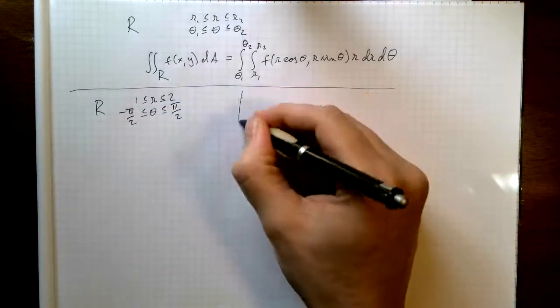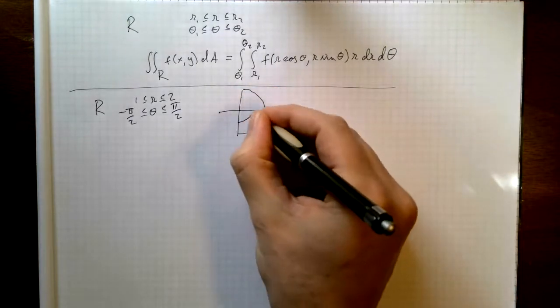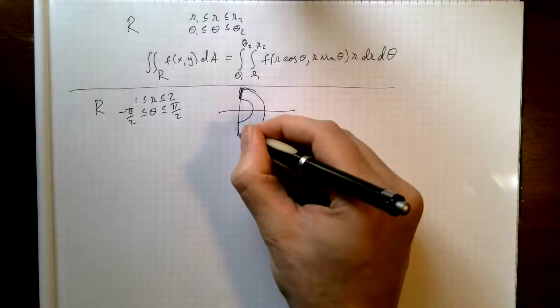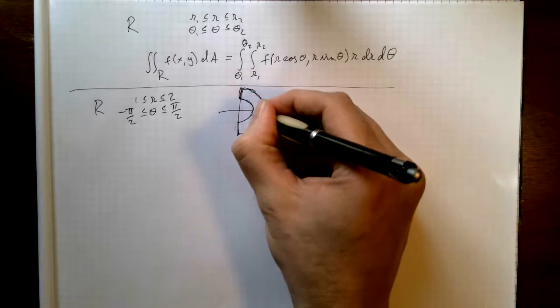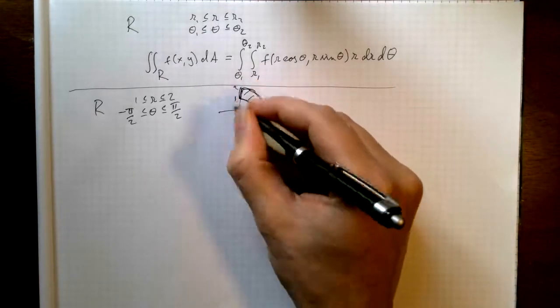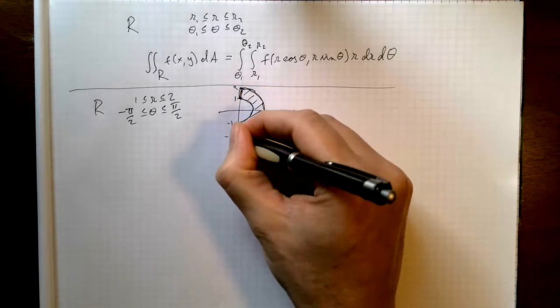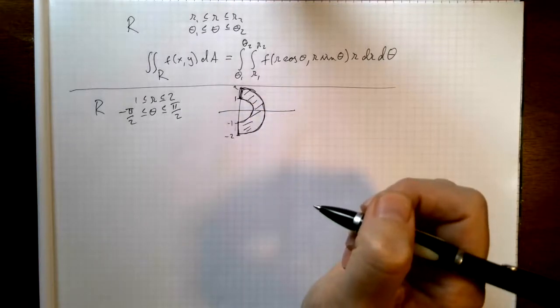So how does this look? It's this set, going from 1 to 2, and 1 to minus 2, right? It's this sort of set.